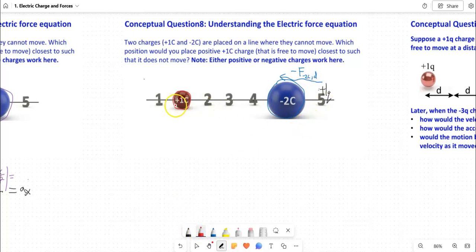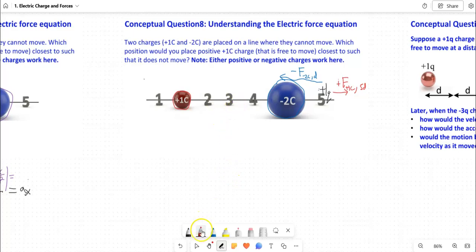Now this red positive 1 Coulomb charge is going to be repelling it, but it's so far away that it's going to be such a small value. It's not only small in charge, but it's going to be 1, 2, 3, 4, 5 Ds away. So when you do this, these forces are not equal in size. It's going to definitely begin accelerating to the left.